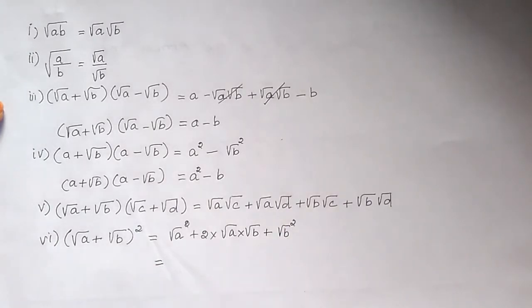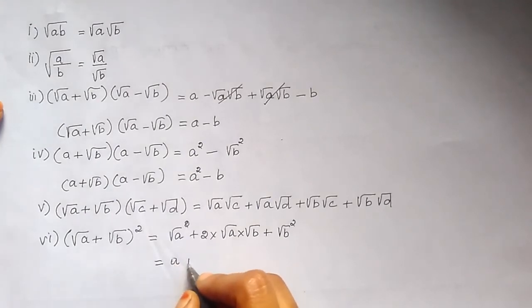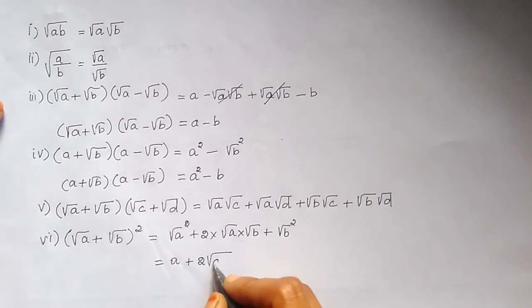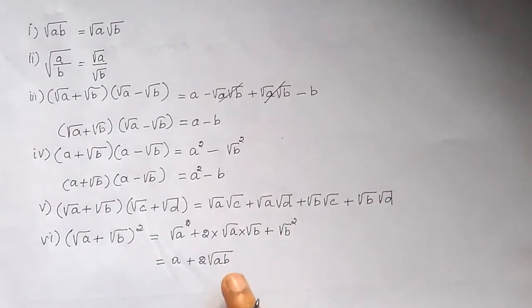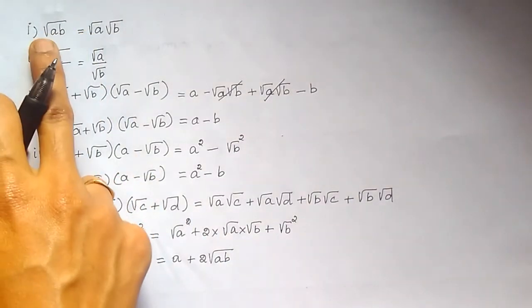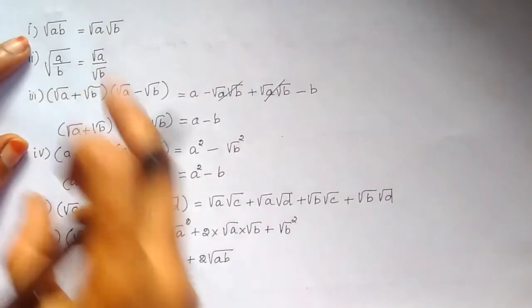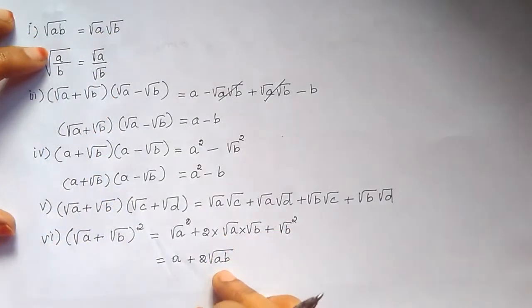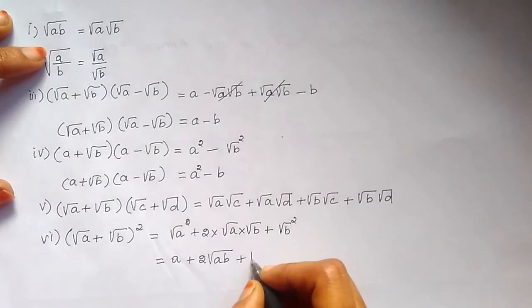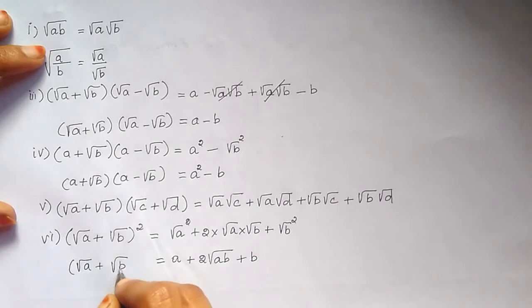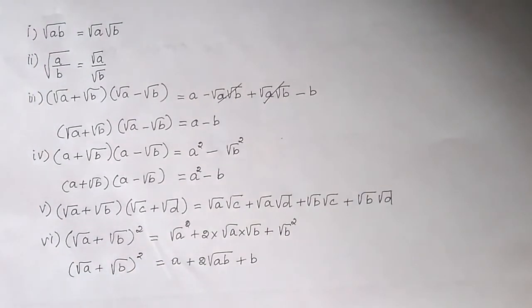Root a square is root a into root a, that is a, plus 2 into root a into root b, that is 2 root ab. Root a into root b is root ab, see the first identity. Plus root b square is b. So the sixth identity is root a plus root b the whole square is equal to a plus 2 root ab plus b.